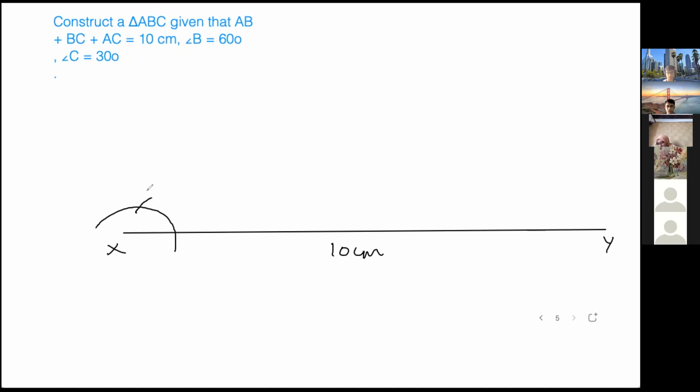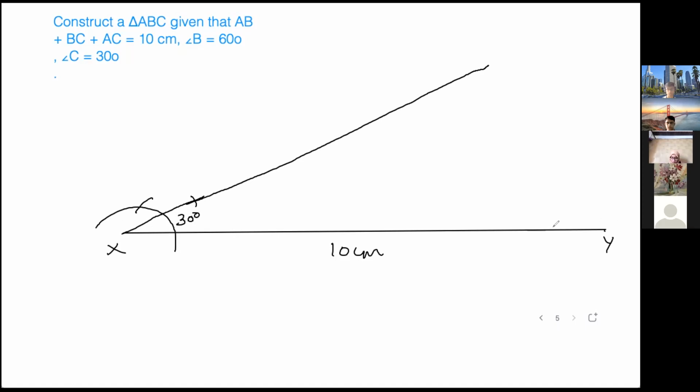I'll make 60 degrees first and then bisect it, and this is 30 degrees. And here I have to make 15 degrees. How is 15 degrees made? Make 60 degrees first, then 30 degrees, and then bisect it like this. So this is 15 degrees.